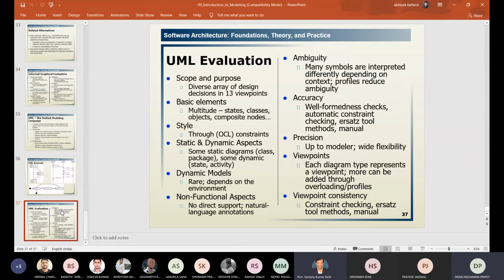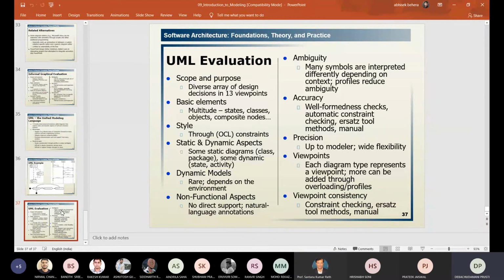What about the style? The OCL constraints, the Object Constraint Language, which you read yesterday. It is used to put constraints on how things should behave. You have read it in the lab.